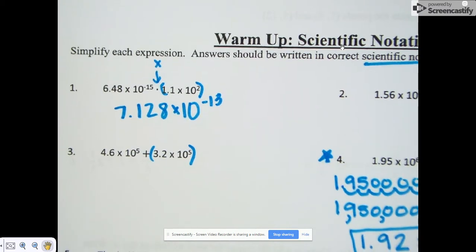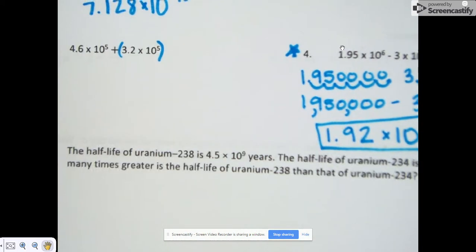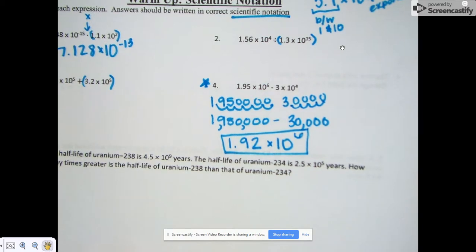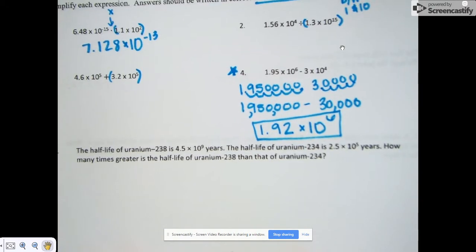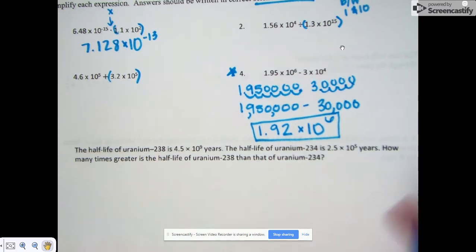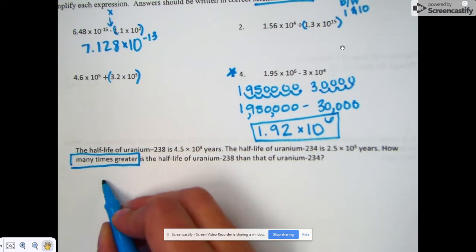Okay, so take a minute and do those two. And then on the bottom, there's a word problem. Take a minute, read it to yourself. So it says, how many times greater? That actually means division.